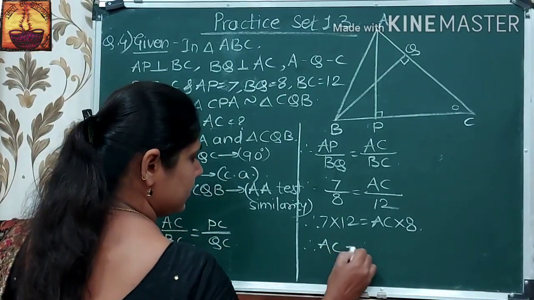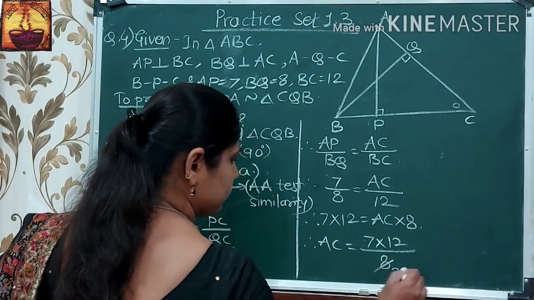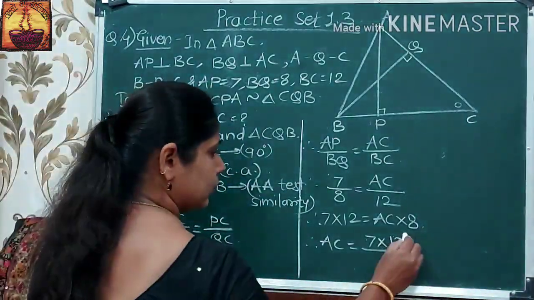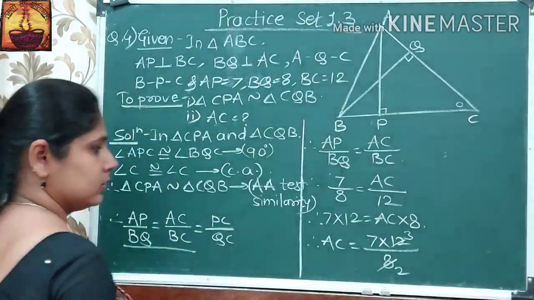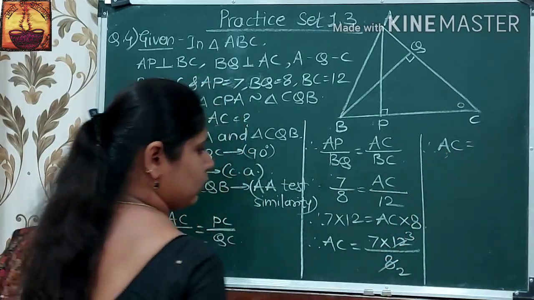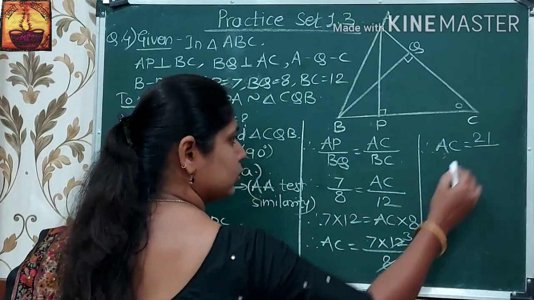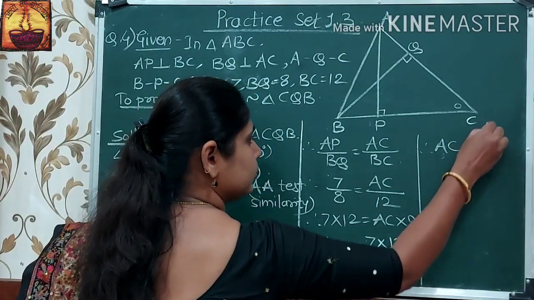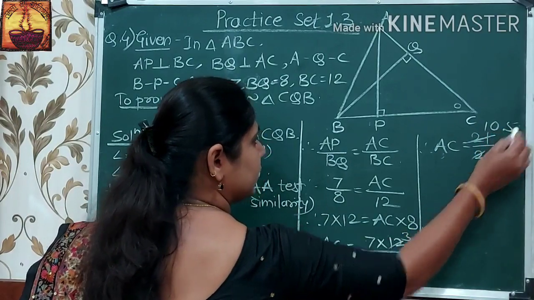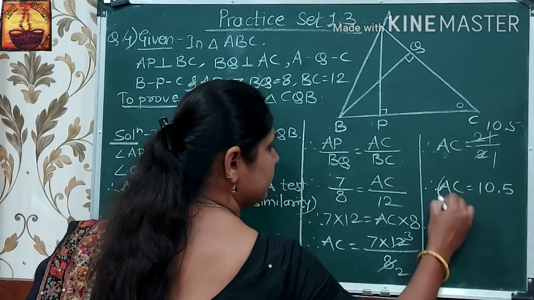Therefore, AC is equal to 7 into 12 upon 8. 4 2s are 8, 4 3s are 12. Therefore, AC is equal to 7 3s are 21 upon 2, 10.5. Therefore, AC is equal to 10.5.